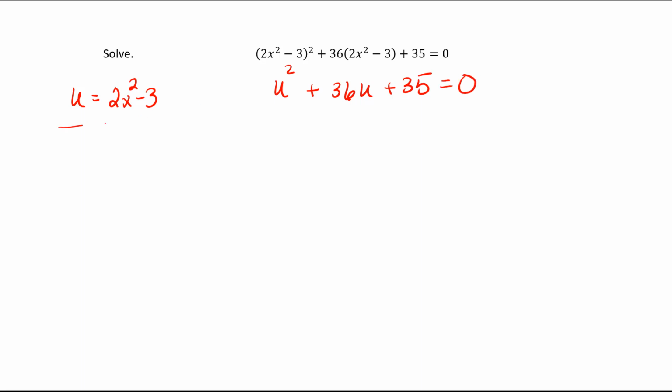So I'm basically just changing the name of this ugly thing to u, making it something easy to deal with, and then later when I'm done, I'll put back the messy thing.